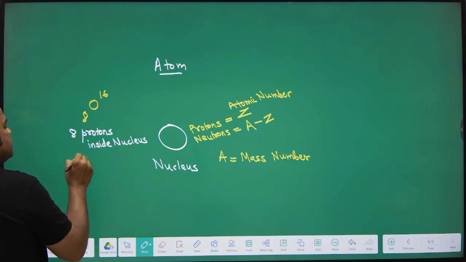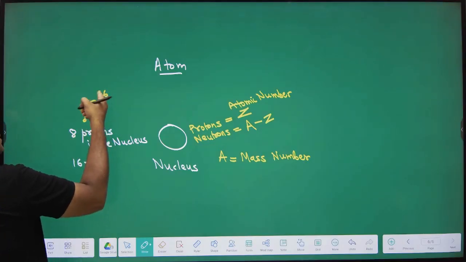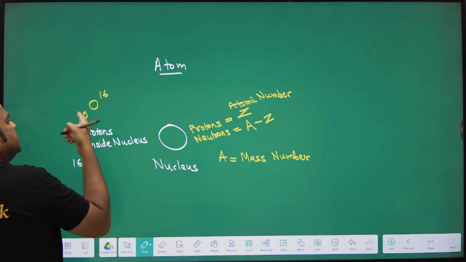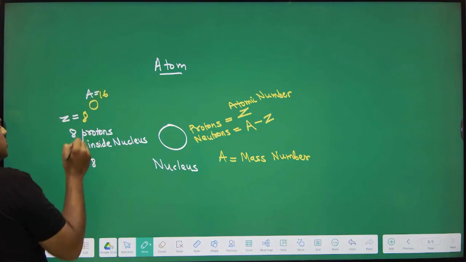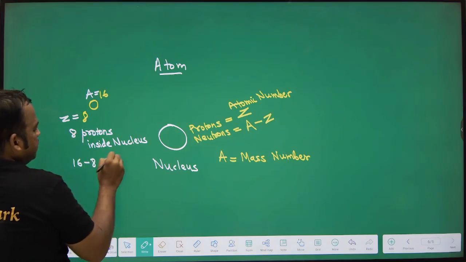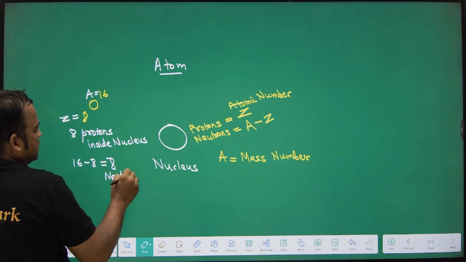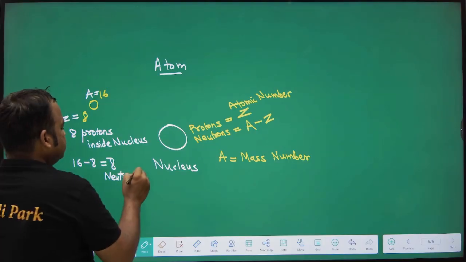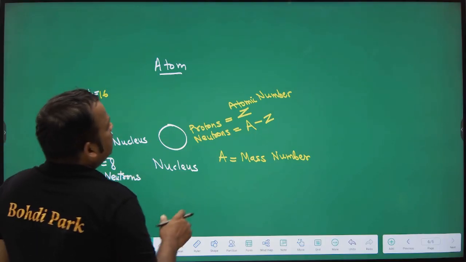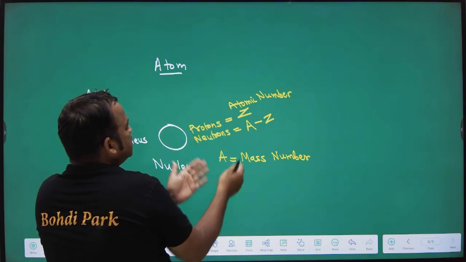How many neutrons are there? 16 minus 8, where 16 is the mass number and 8 is the atomic number. That is equal to 8. So the oxygen atom has 8 neutrons.